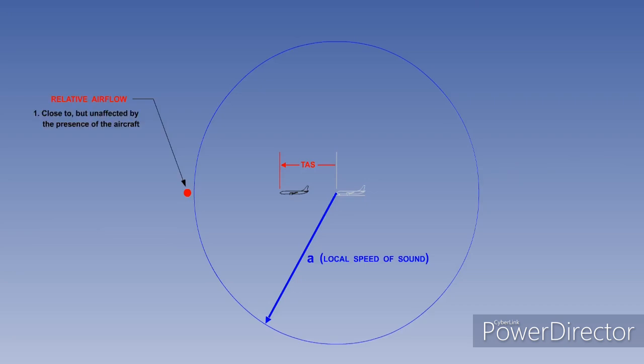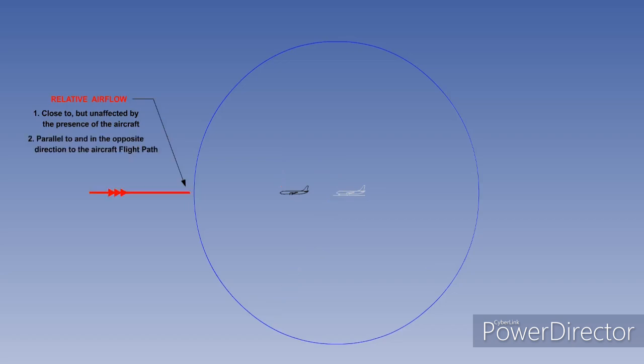During the study of high-speed flight, the most important aspect of the relative airflow is that it is close to, but as yet unaffected by, the presence of the aircraft. For general review, the relative airflow is also parallel to, and in the opposite direction to, the aircraft flight path, and the length of the vector represents the true airspeed of the aircraft.